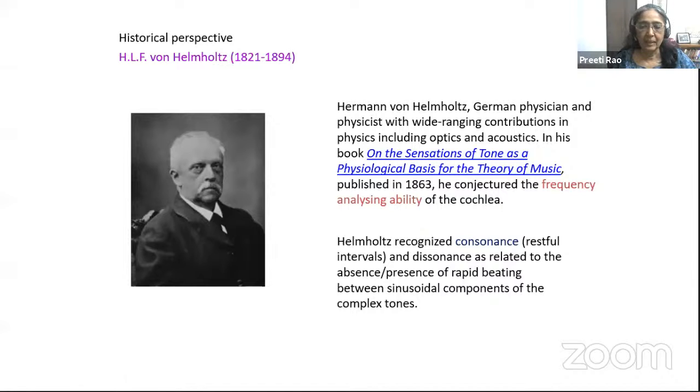And he recognized that this consonance, or what is a pleasant sounding interval and what is dissonant, that is a not so pleasant sounding interval, actually has a physiological basis. The physiological basis is to do with the interaction of the components that make up the different notes and how they interact in the cochlea or on the basilar membrane.